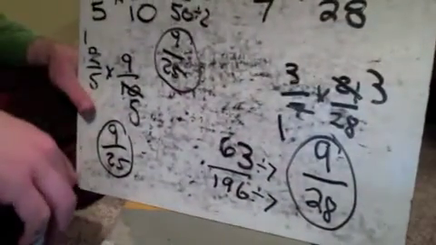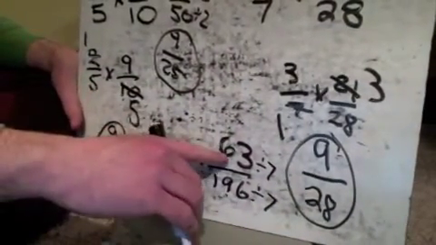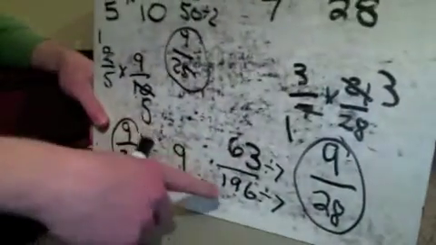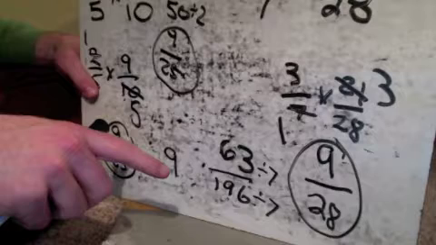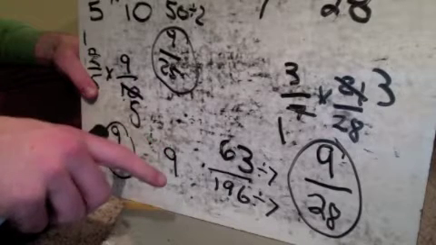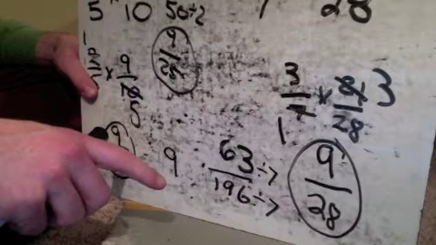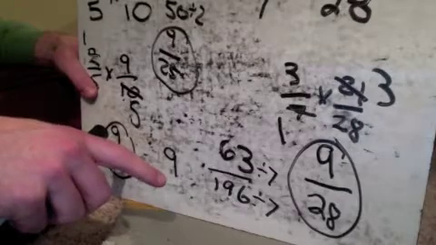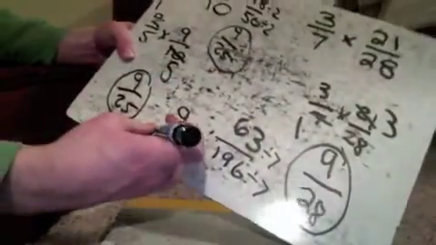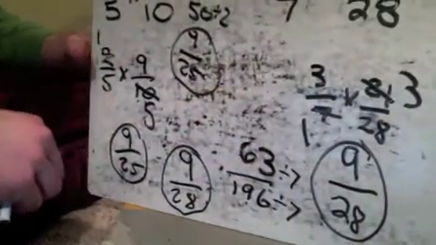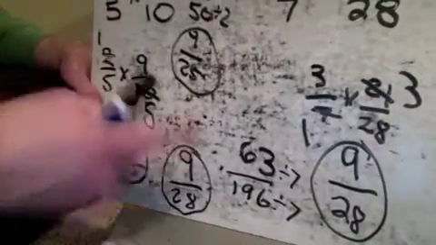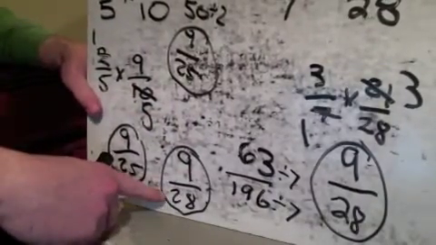I think this is going to work, but it's going to take a little bit of time here. 63 divided by 7 is 9. 196 divided by 7. Man, that's going to be pretty big. Let's try this out here. I know that 7 times 20 is 140. So then it would be 56. Yeah, it'd be 28. So it'd be 9/28. And there's my answer. Now, of course, I'd want you to do that in a calculator, at least try it to make sure it works, but I'm just kind of figuring it as I go here. So my answer would be 9/28.